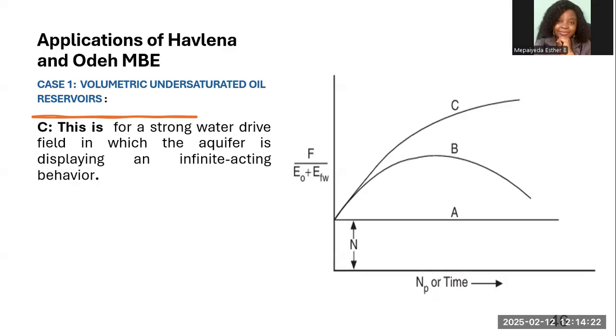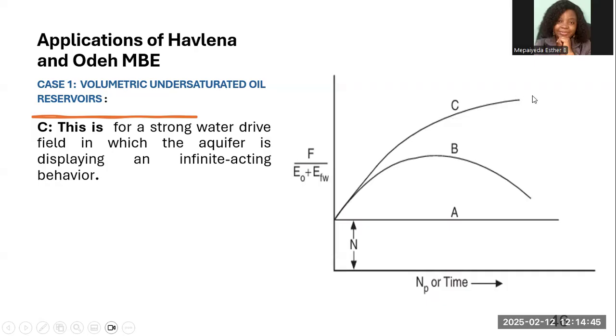There's a water drive, whether artesian or there is an aquifer adjoined to it, and it's very strong because, as you can see, as production proceeds, what is happening? The F over Eo plus Efw is increasing. Okay, so it's showing that it's infinite acting.